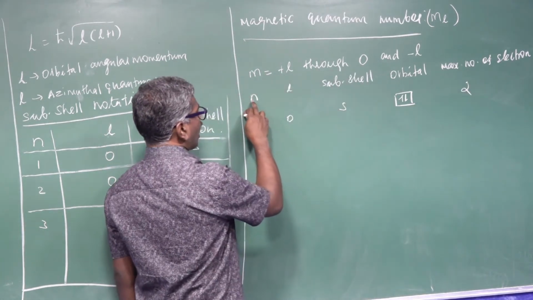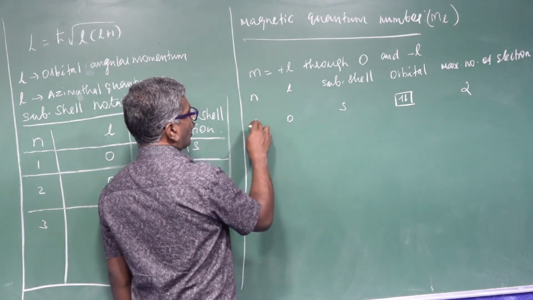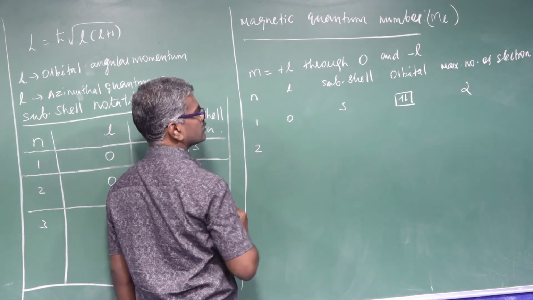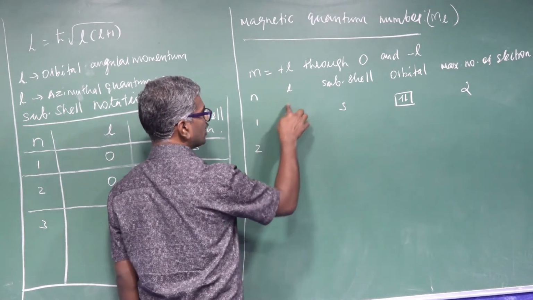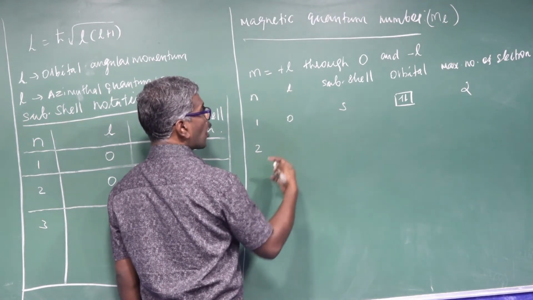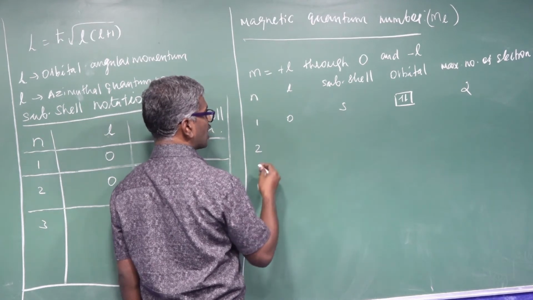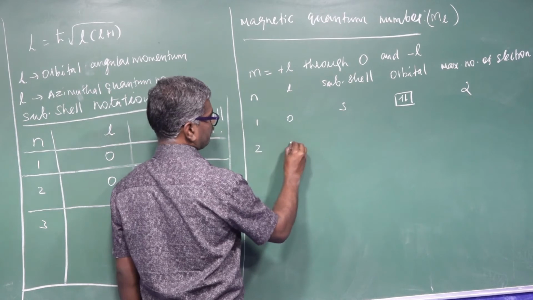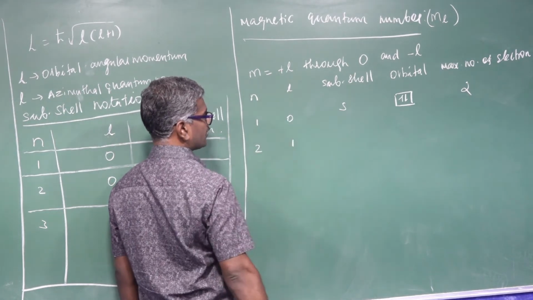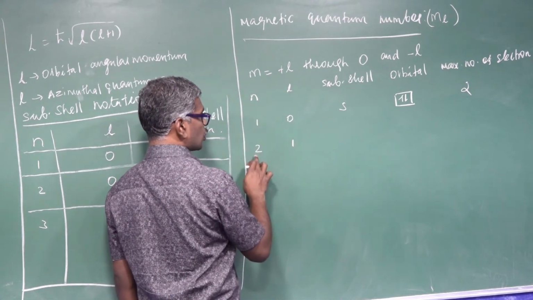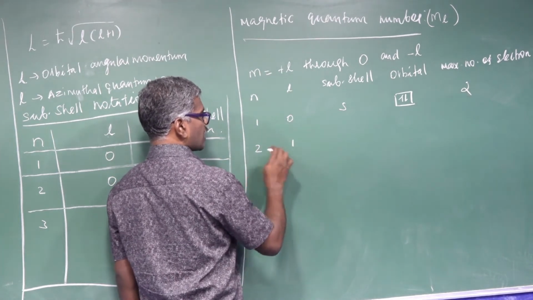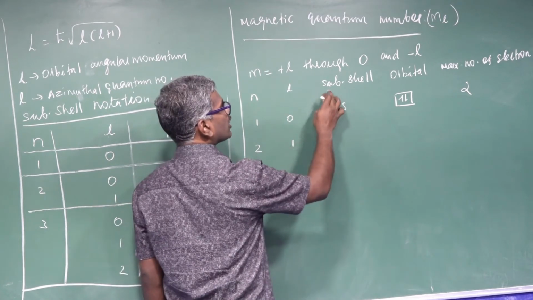Another one. Here, n value is 2. Here n value 2 means what are the L values? 0, 1. 0, 1 means what about the m values?